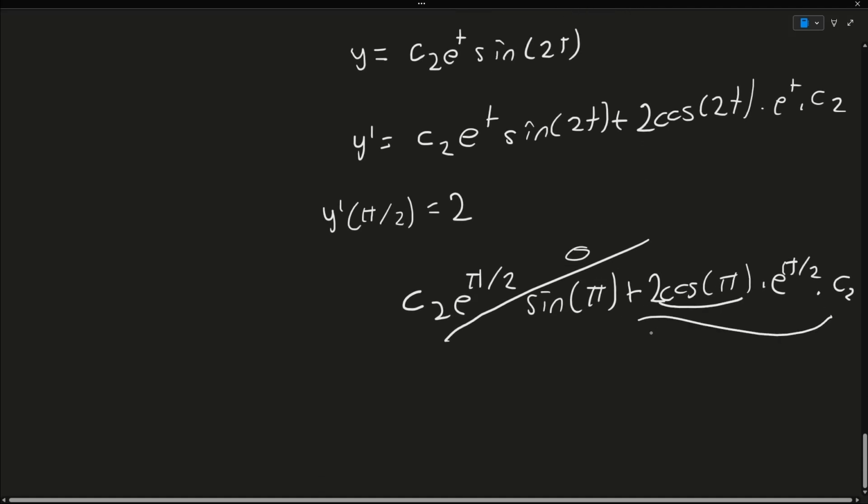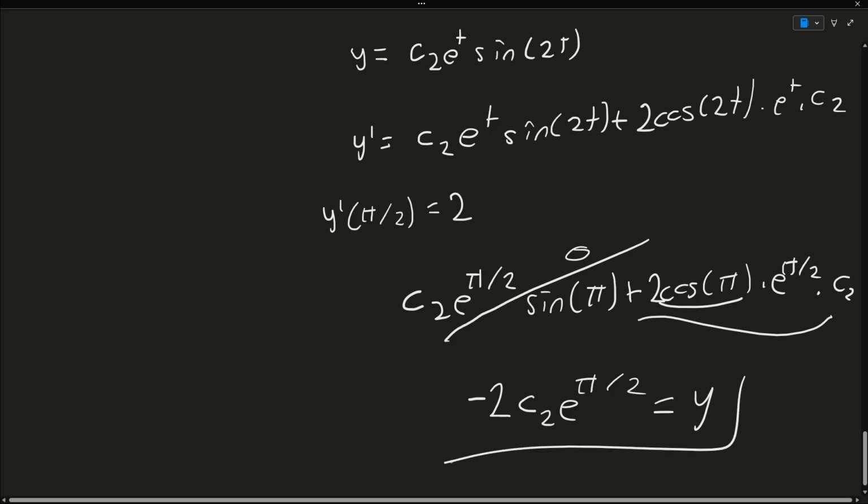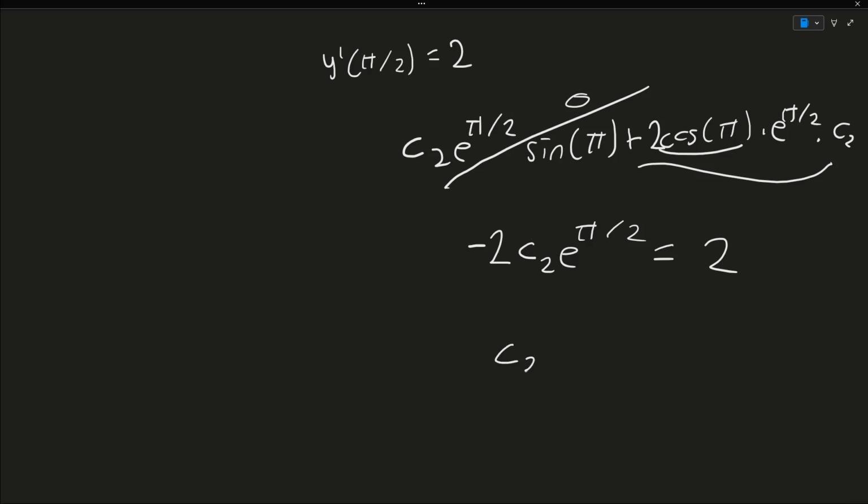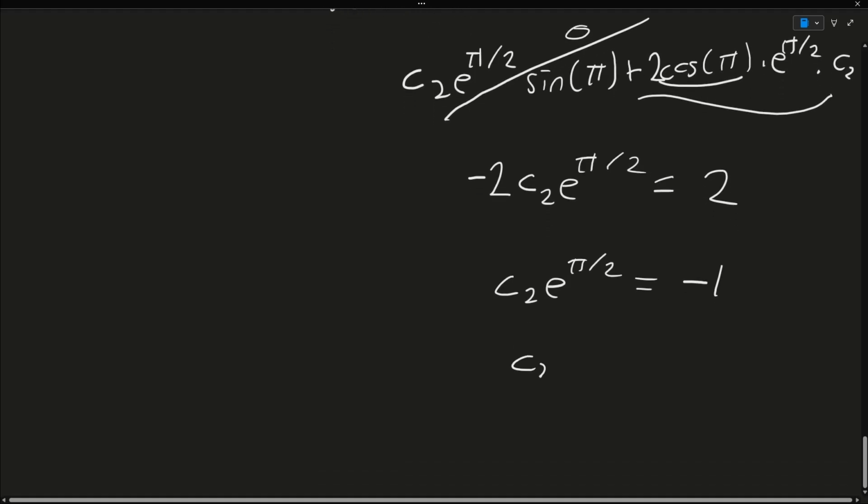Now cosine of pi is negative 1, so we will have negative 2 c2 e to the pi over 2 equals, not y, it is equal to 2. So we can now solve for c2. We divide both sides by negative 2, and we will have c2 e to the pi over 2 equals negative 1. And c2 will be negative 1 over e to the pi over 2.